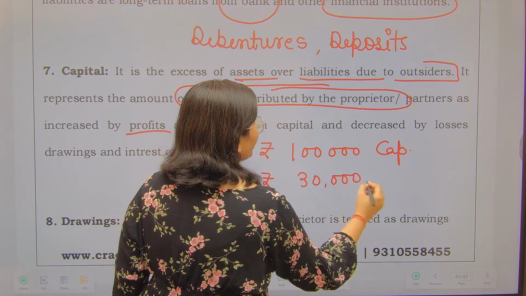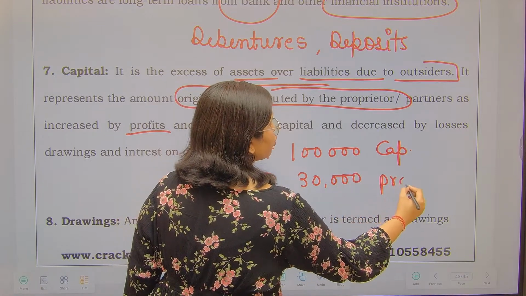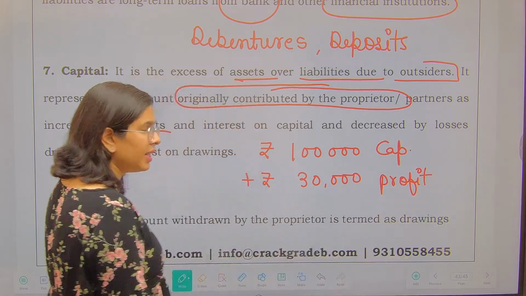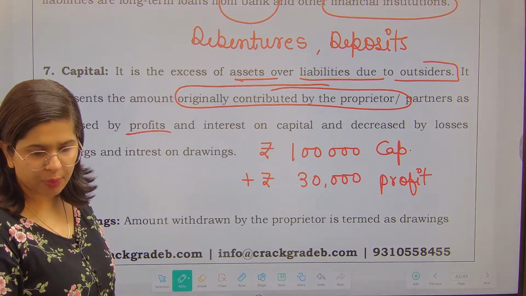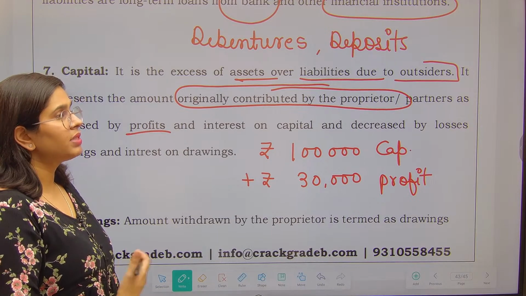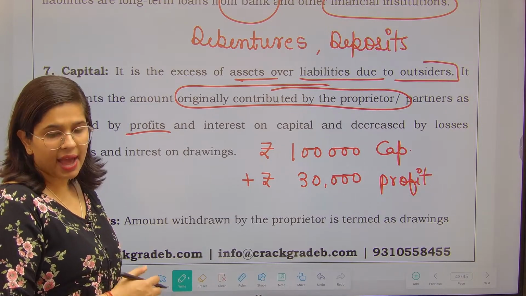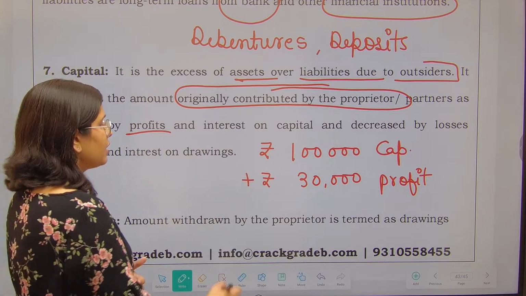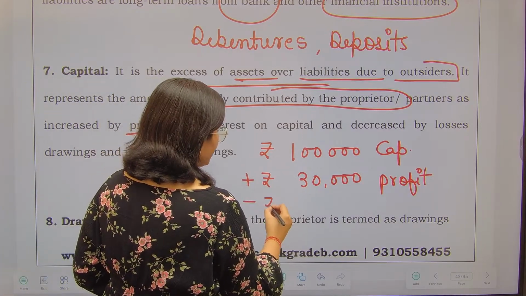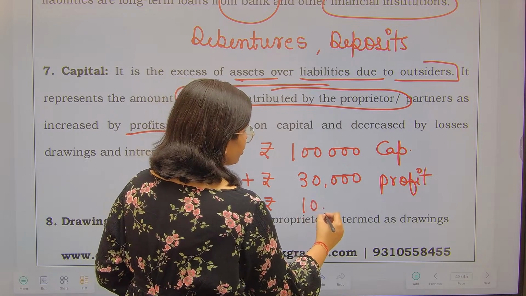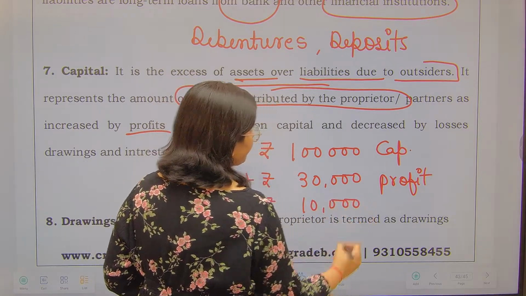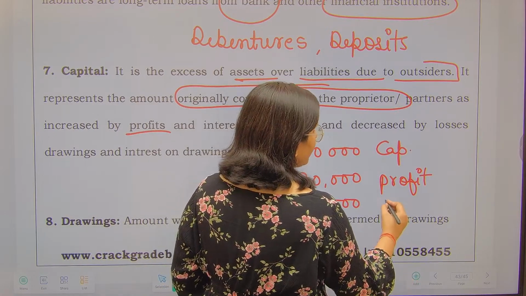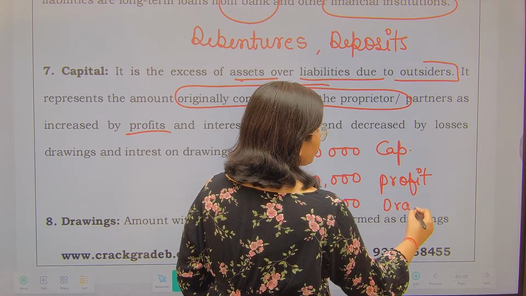So whatever profit has been earned belongs to me as an owner, right? So my capital will increase by the amount of profit. At the same time, suppose in the year I have taken some amount for my personal expenses, so I will deduct it. Suppose I have withdrawn 10,000 rupees from my business bank account for paying the fees. In that case, this is called drawings.